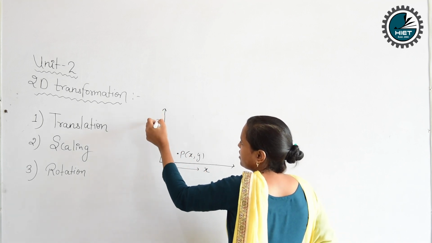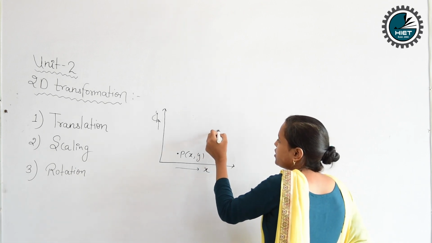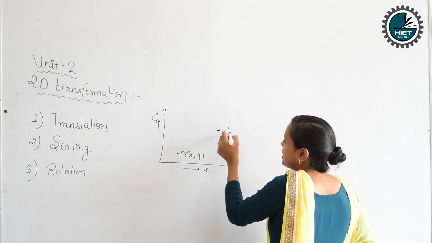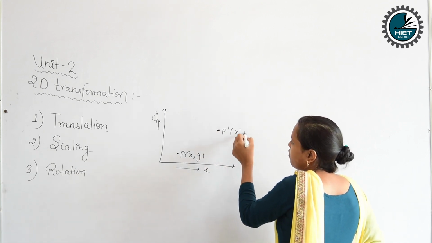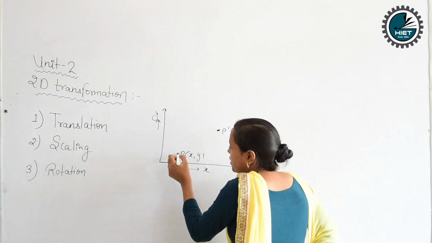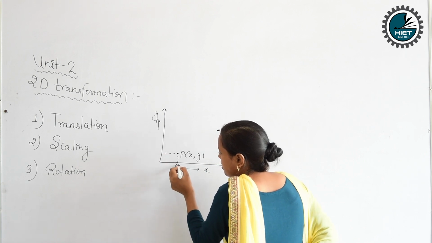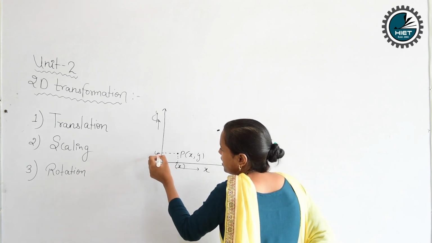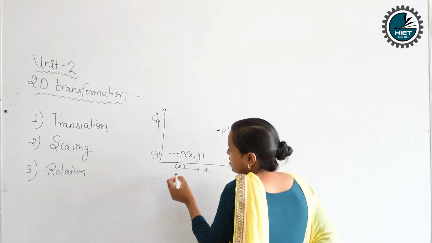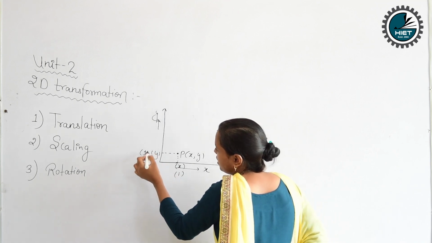This is the x direction and this is the y direction. After rearranging it, the new point will be P dash, with coordinates x dash and y dash.